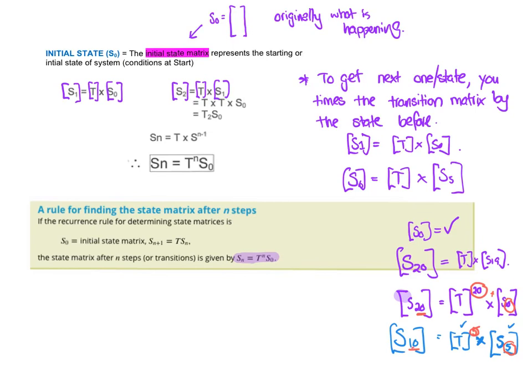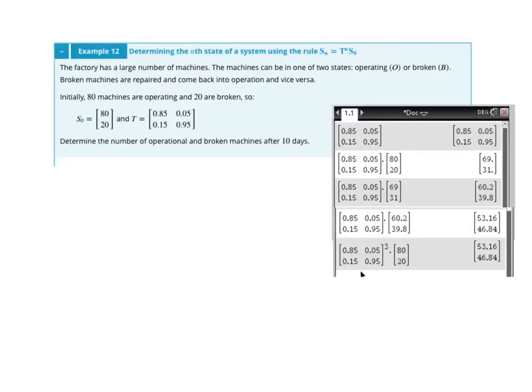See, 5 and 5 give 10. So that's how you can work out. Now, you can only use this formula with the power trick when you're just finding using the state. There's no other bit in the formula. So we're really saying the way we get the next one is by timesing it by the state before. Okay, so let's go do a couple of examples.